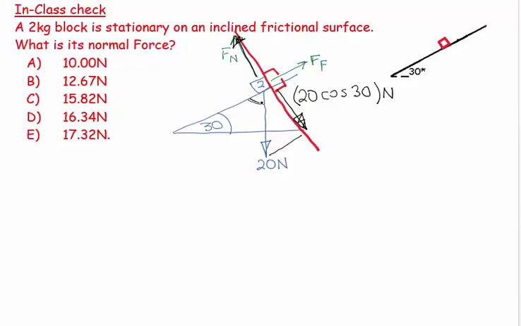And if this angle here is 60, then this angle here must be 30 because that's part of a 90 degrees. So now I look at this triangle and I see that I have a hypotenuse which is 20, and I want the adjacent, and the angle between the two is 30 degrees. So the size of this component is 20 cosine 30.